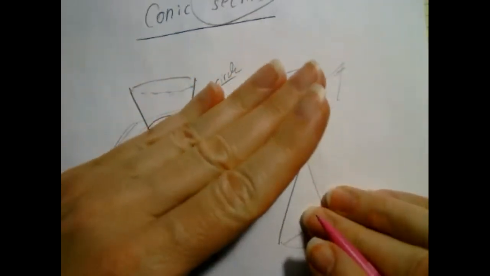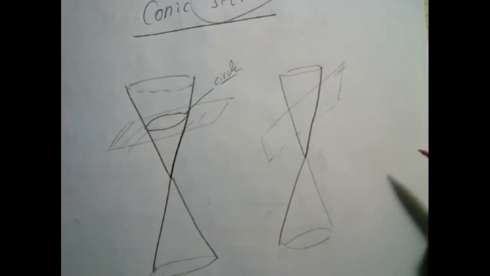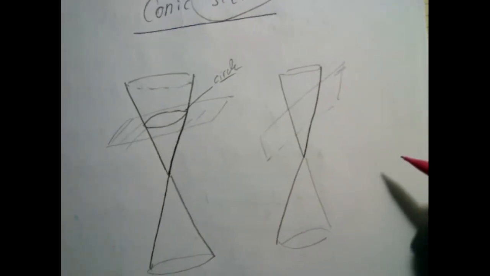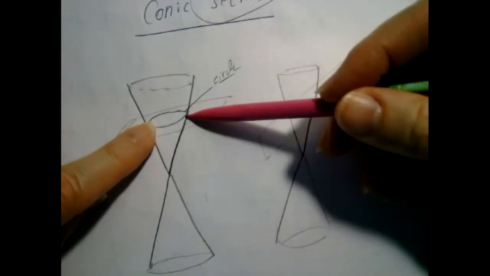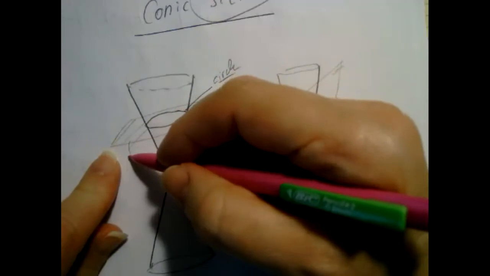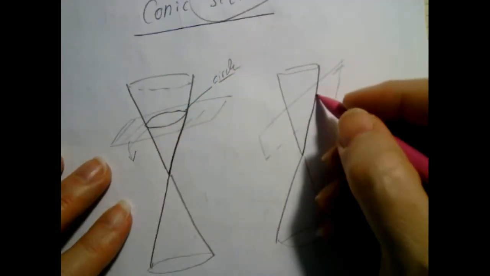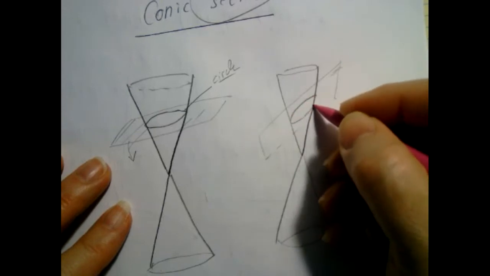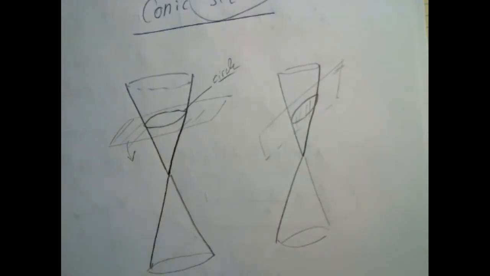Take this, tilt it a little bit, and cut it again. Basically, you tilt this flat surface a little bit. What we get this way is actually an ellipse. So when you tilt it, you don't get a circle anymore. You're going to get an ellipse.